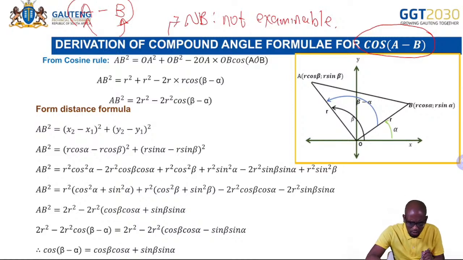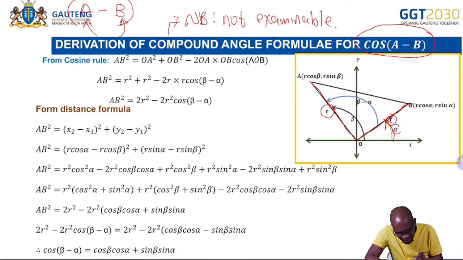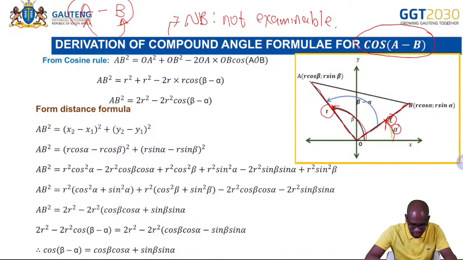So simply here, what we basically do is we draw two terminal rays from the origin, with the same length r, like that, and then we have an angle of elevation here to the first ray. We call that angle alpha, and then we have another angle of elevation there to the second terminal ray. We call that angle beta. So that is the first step.